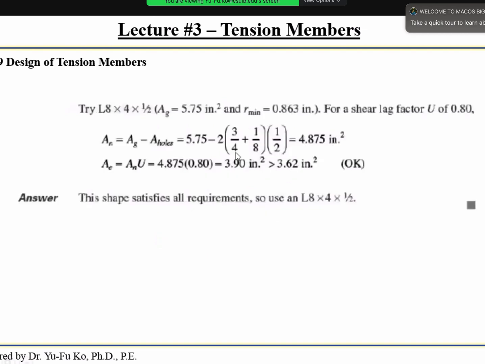So you follow the same procedures. You pick the same section, which is 8 by 4 by half. So this is what we end up with, the same solution. It's just coincidence that this example gives you the same result from both ASD and LRFD. But like I said, typically, different design methods will give you different results. Okay?